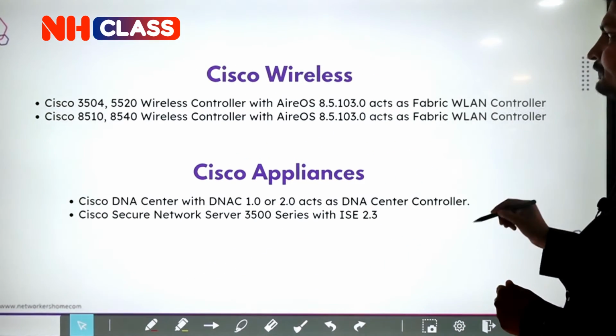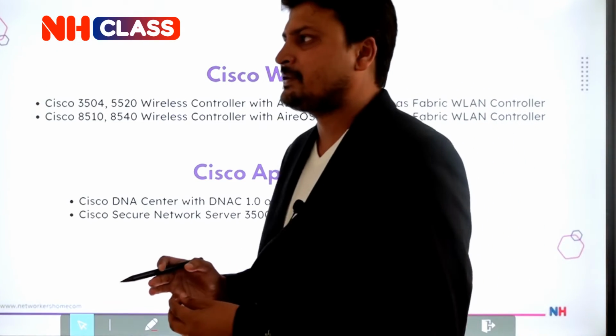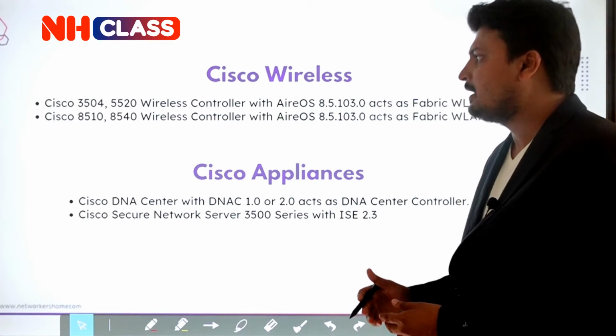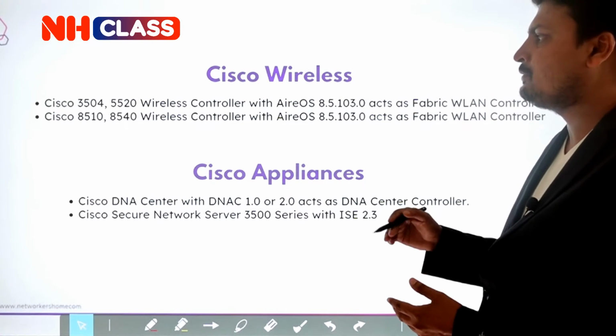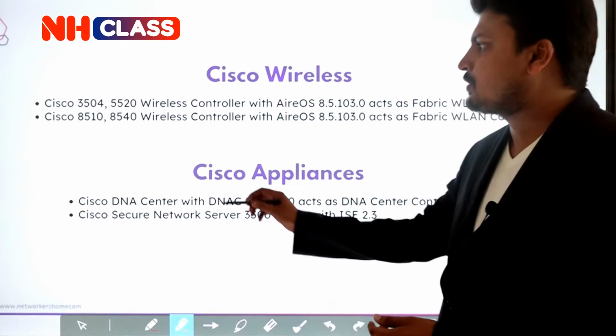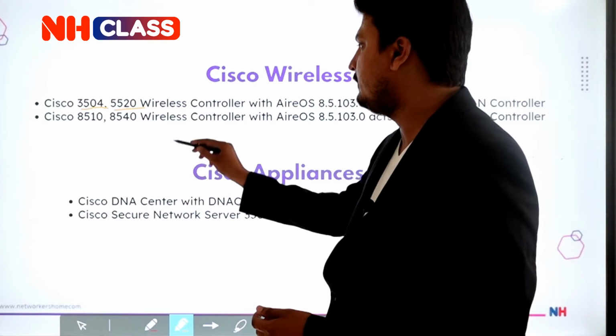Now let's see Cisco Wireless. We don't have only physical devices for the wired connection. We do have wireless devices as well. For wireless controllers, we have some model numbers that will directly support your DNAC. We have the 3504 and the 5520 wireless controllers.